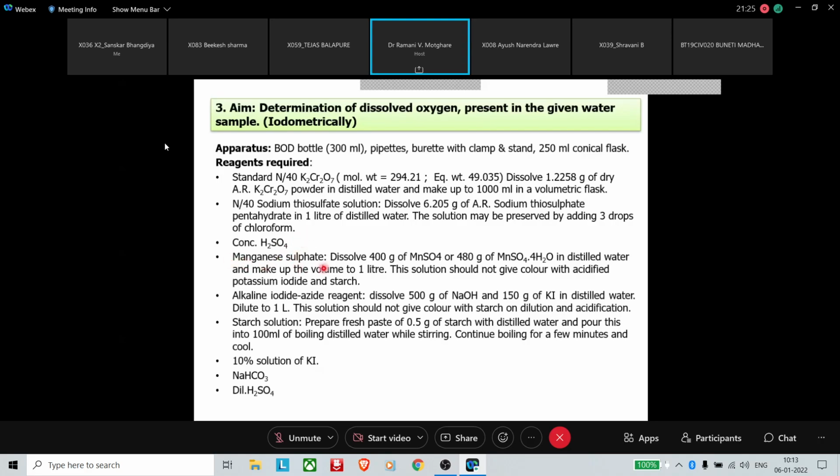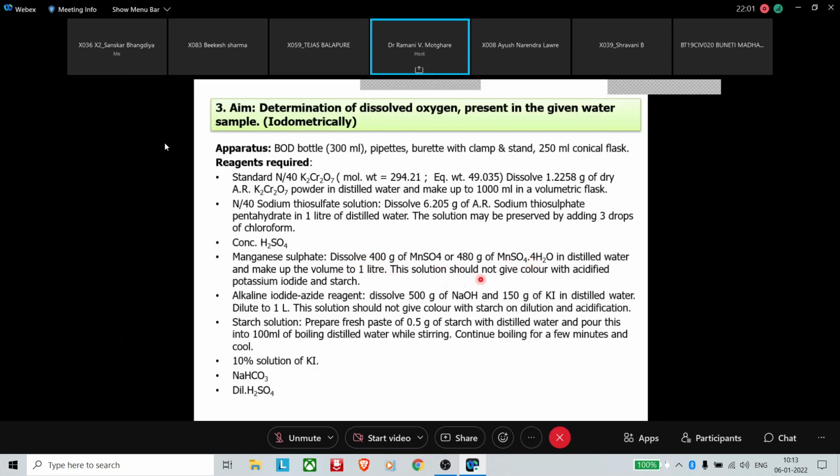Then manganese sulfate. 400 gram of MnSO4 or 480 grams of MnSO4 4H2O is dissolved in 1 liter, which makes a highly concentrated solution. So you prepare this MnSO4 solution.